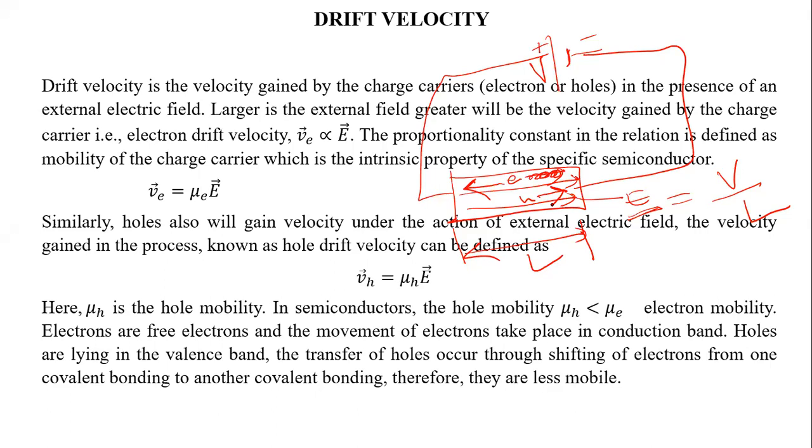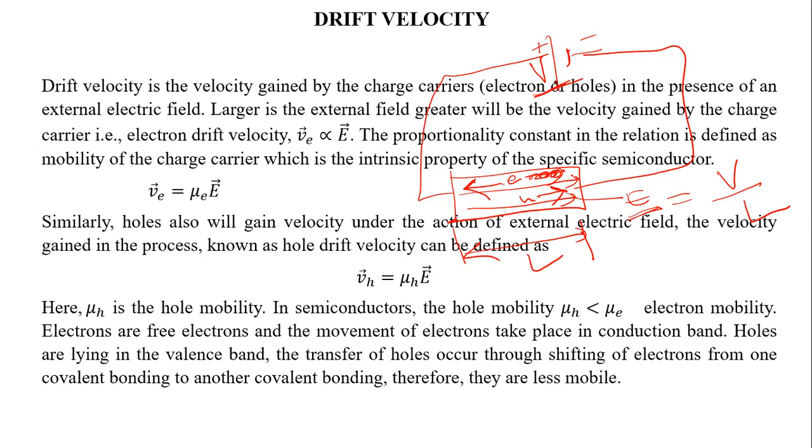Now the question is, how quickly will these charge carriers in a semiconductor, like electrons and holes, move within the solid under the action of this external electric field, which you apply using your potential source here?